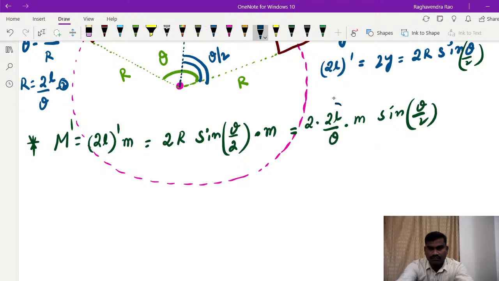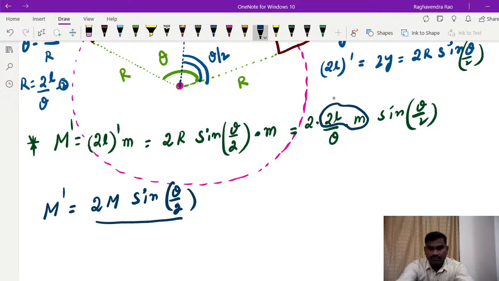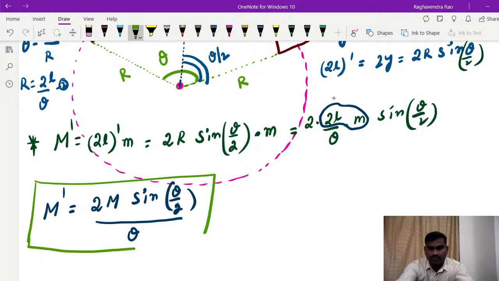Now, 2l into m is nothing but the magnetic moment of the original magnet before bending. So m dash is equal to 2m sin theta by 2 by theta. This is the expression for the magnetic moment of this bent part of an arc of a bar magnet.